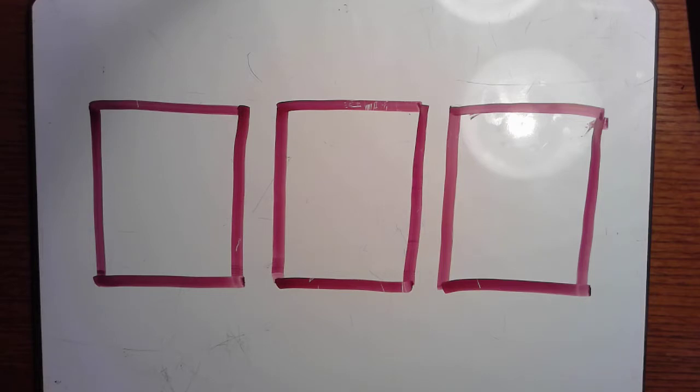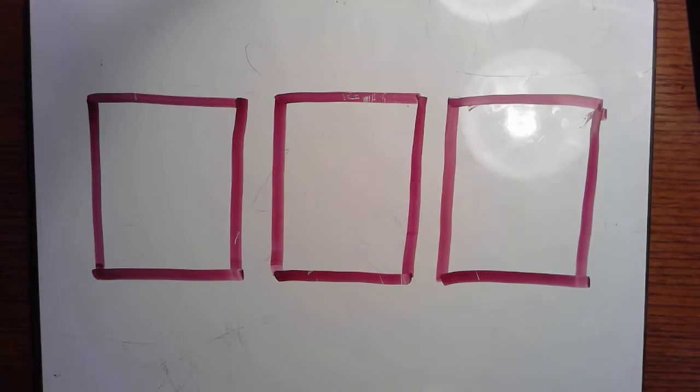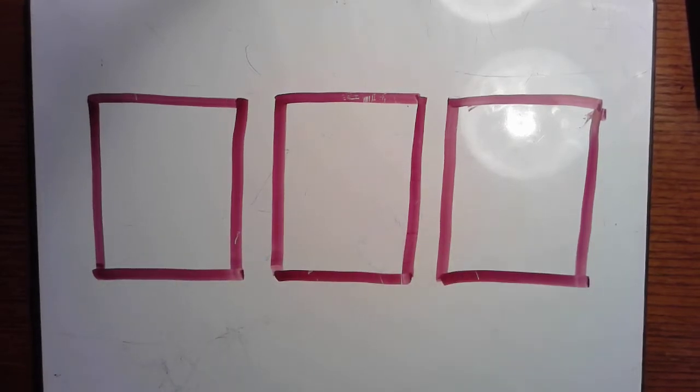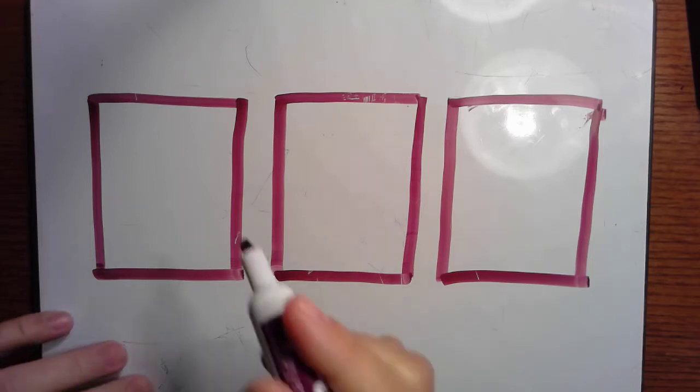All right, so today you can see that I have drawn 3 rectangles, and each rectangle represents a whole. So I have 1 whole, 2 wholes, 3 wholes shown for you here. How can we double the number of units? Actually, hold on. First, I'm going to split them into thirds.